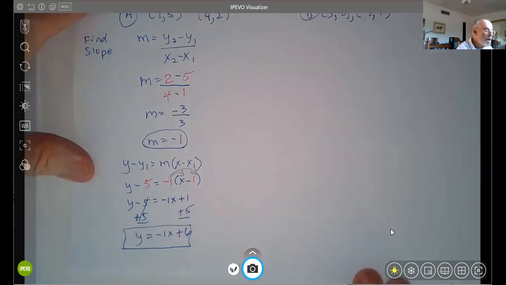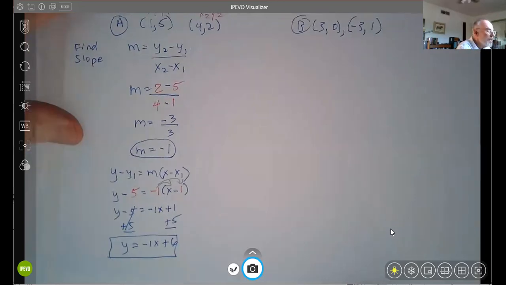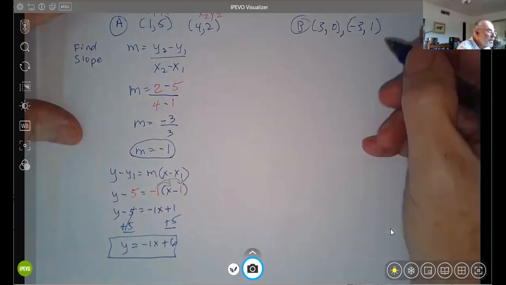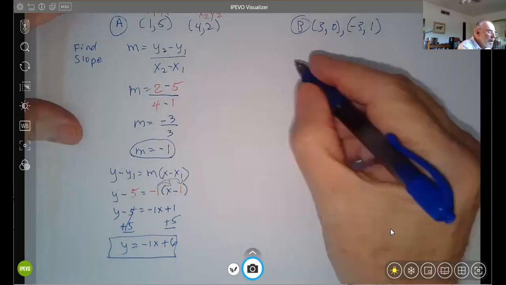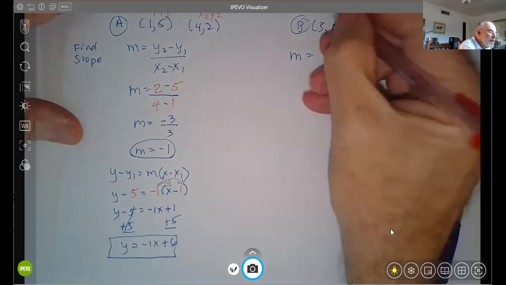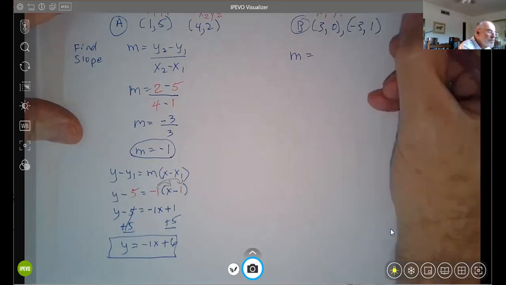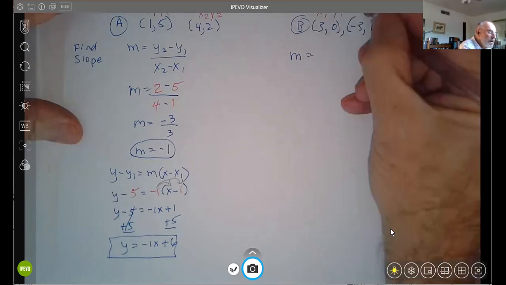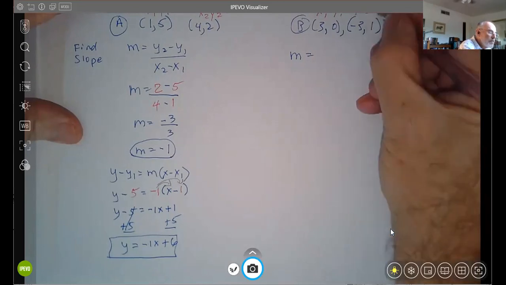And so now we are in slope-intercept form. Okay. All right. One more to go. So let's just go ahead and do that. So we're going to use the same slope formula. m equals, in this case, this is going to be our x1, y1. 3 is x1, 0 is y1. And then over here, negative 3 is x2, and 1 is y2.